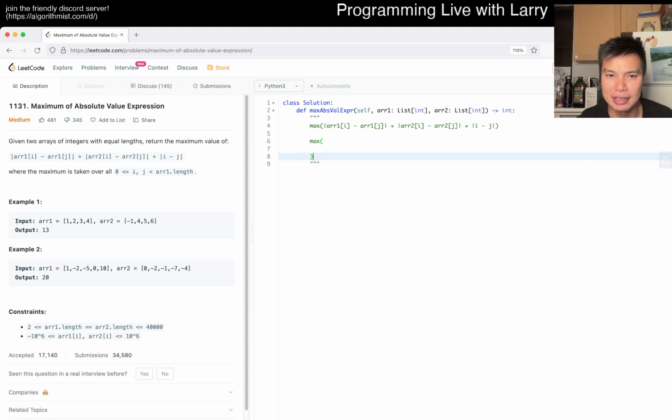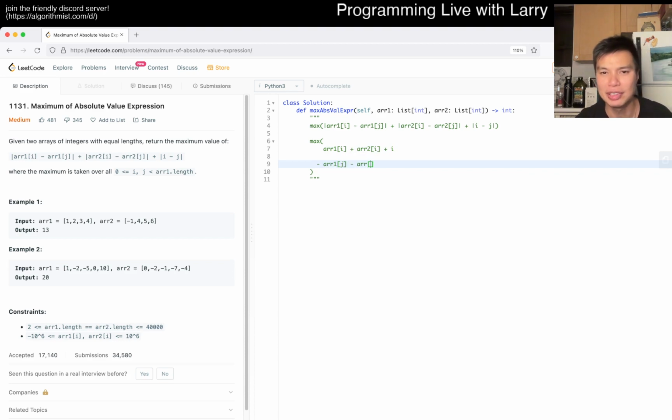Let me put in a second line. Basically, let's take out the i elements and the j elements. Then you have this plus i, and then you have the subtraction of, and this part will make it a little tougher, but we can do it, minus j.